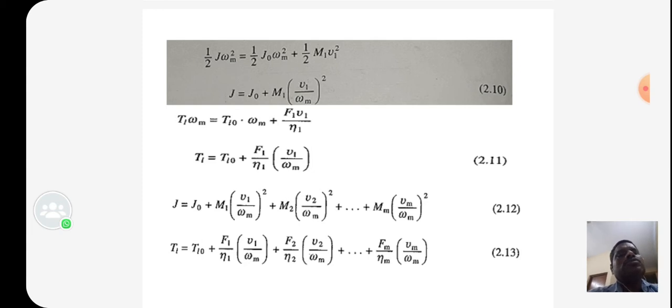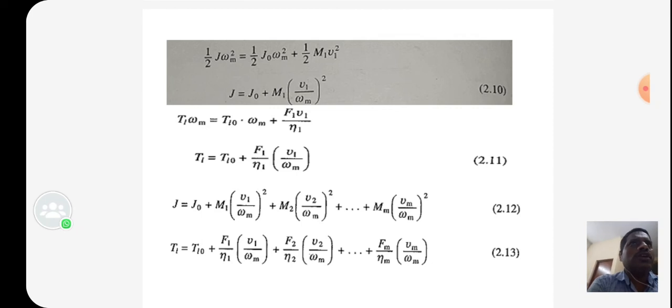Okay, now we conclude that J is equal to J0 plus m1 within bracket v1 upon omega m the whole square. Now for the equivalent torque we have to find TL omega m is equal to TL0 omega m plus f1 v1 upon eta 1.